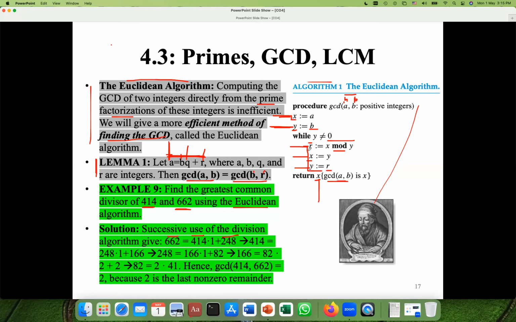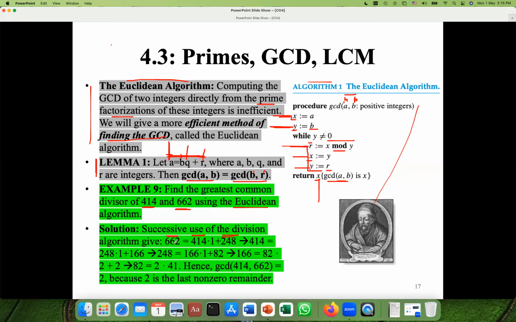So we are getting the remainder, and we have x and y. If this is x, this is y, and this is r, according to the concept which is written here. So this is the first step.